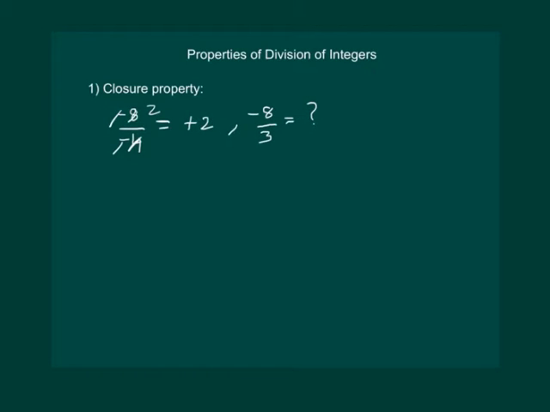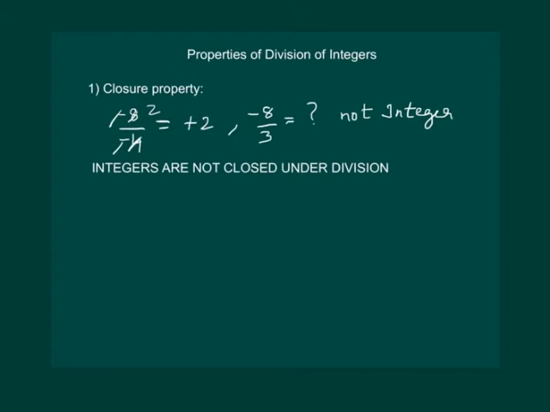Surely it is not an integer. It will be some decimal number. So we have found at least one case where division of two integers does not give an integer. So we can say integers are not closed under division.